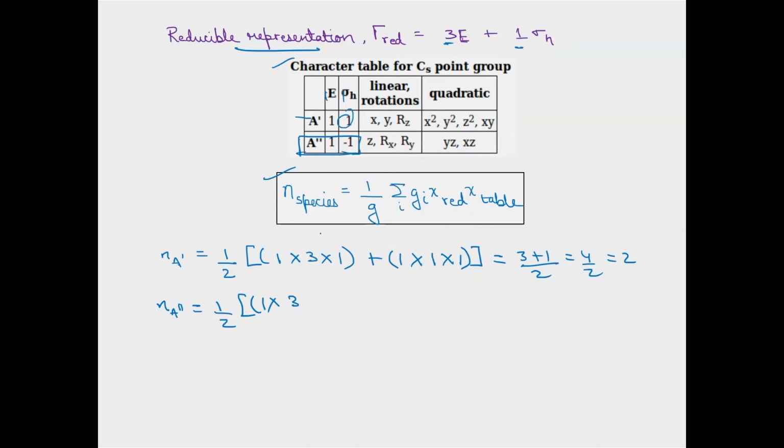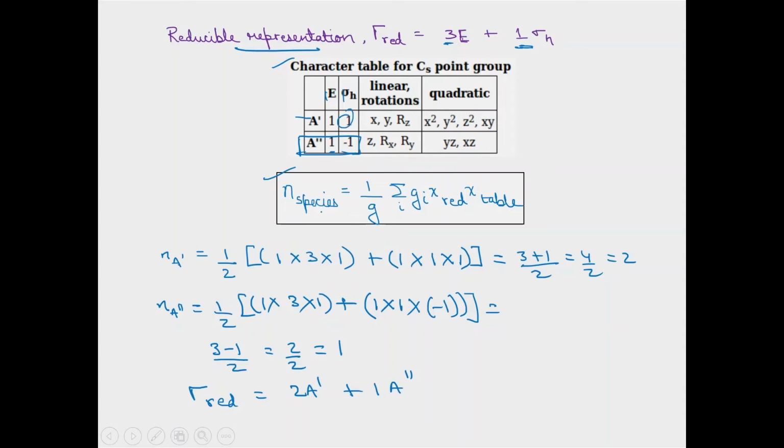Then this value chi table is 1, plus 1 into 1 for chi reducible, into minus 1 value of chi table. Okay. So here the value is 3 minus 1 by 2, or 2 by 2, which is equal to 1. So now we can write the reducible representation as twice A dash and 1 time A double dash.